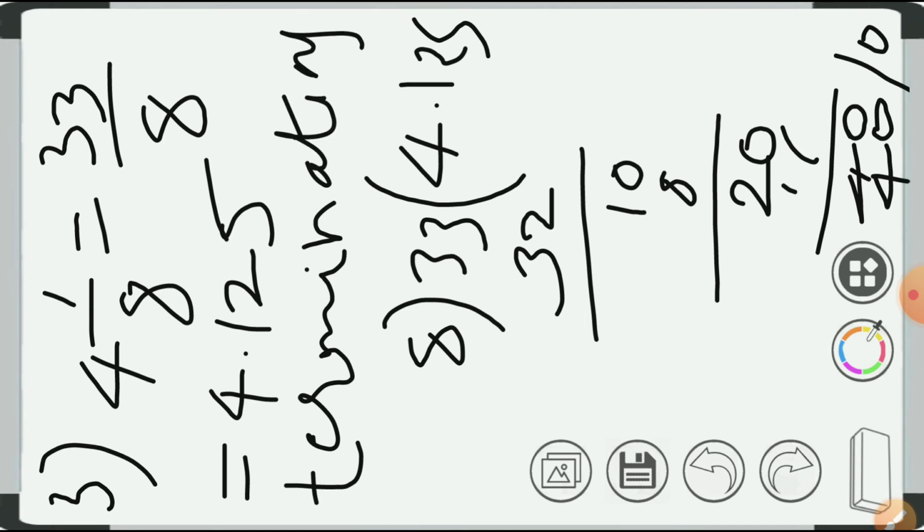Okay, that is the third question of the second Roman number. Now move to the Roman number 3. Roman number 3.